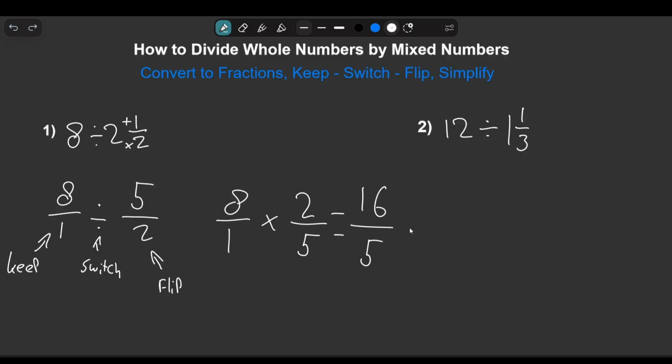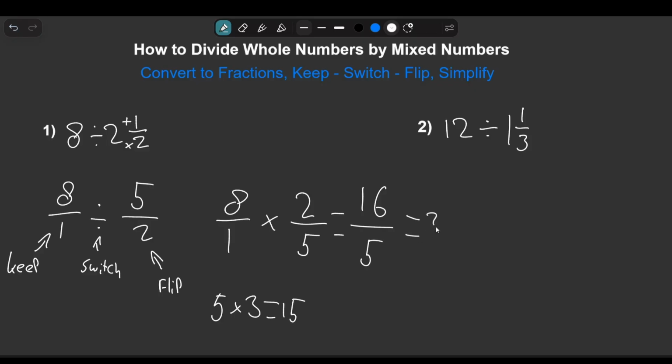So the first thing we look for is, do we have any whole numbers in our fraction? We don't, but can we make whole numbers? So we can look, how many times does 5, our denominator, fit into 16? Well, 5 times 3 equals 15. So we can fit 5 3 times into 16.